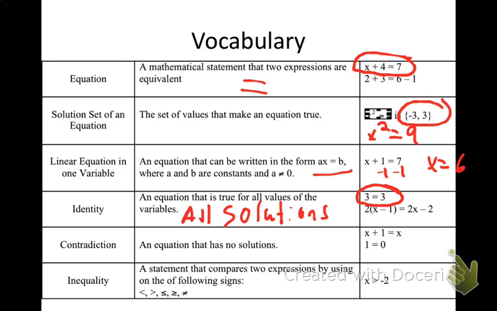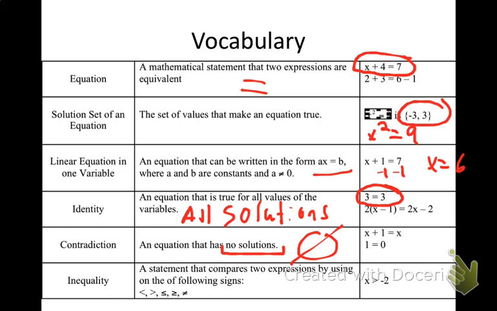The opposite of that would be what's called a contradiction, and that is an equation that has no solution. Typically, we always say either all solutions or no solutions for our answers. You don't have to say identity or contradiction. Sometimes for no solution, they will use the symbol for no solution.